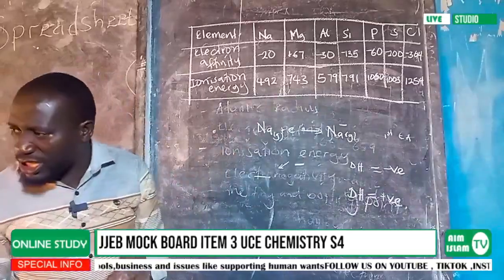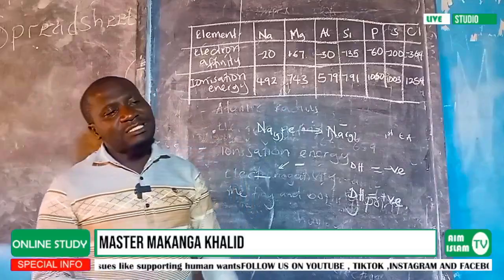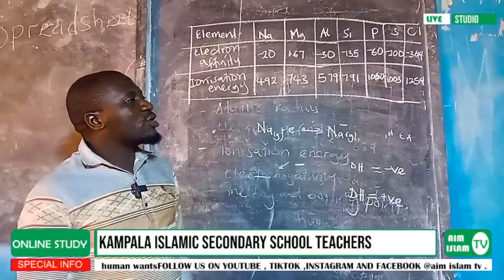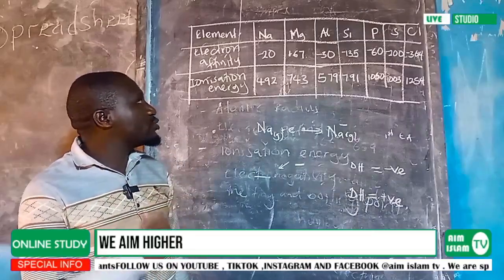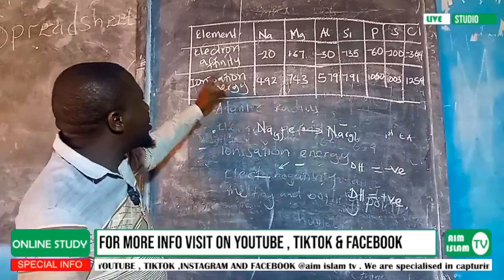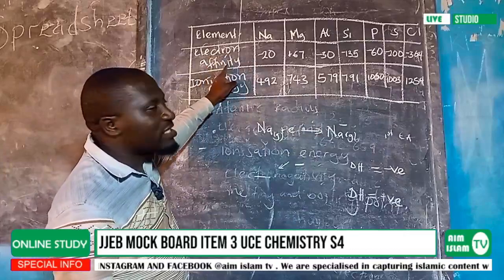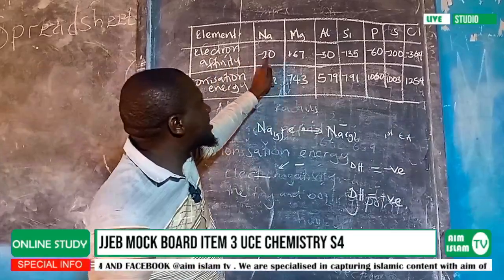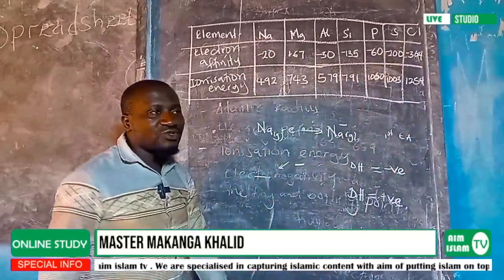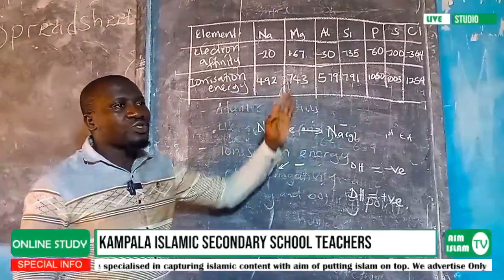Symbols are used only when you are writing equations. In a statement, unless you are writing an equation, you are not supposed to use symbols, because you use the names of the elements. So you first state the general trend, that electron affinity increases generally from sodium to chlorine. That's the first trend.